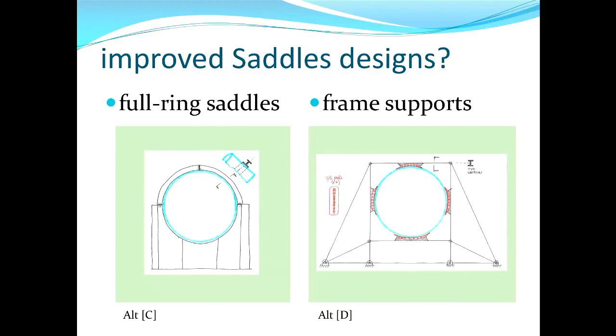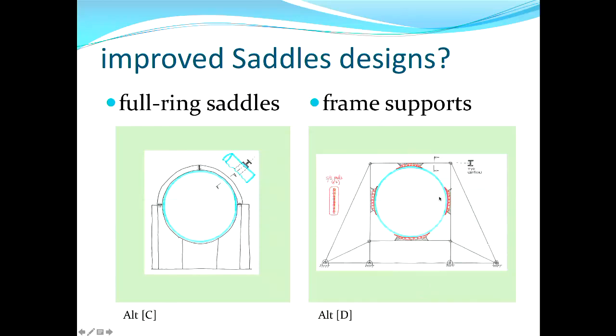So we looked at a number of other alternatives. This is alternative C and D. There were various ones that we looked at. I won't go into them all, but this one, which we actually adopted, was to modify the standard saddle by turning it into a full ring saddle, and it really provides a passionate embrace of the prill tower around its full perimeter and prevents it from distorting in the ways that led to the bending failures that we were concerned about.